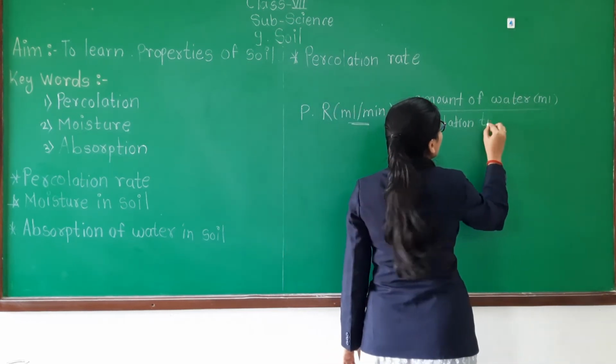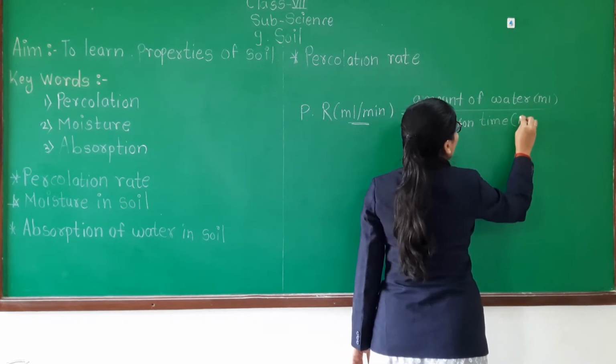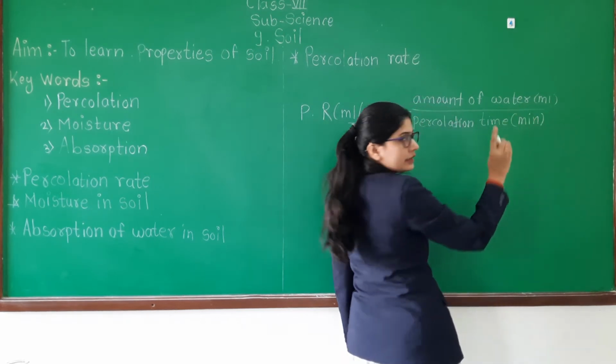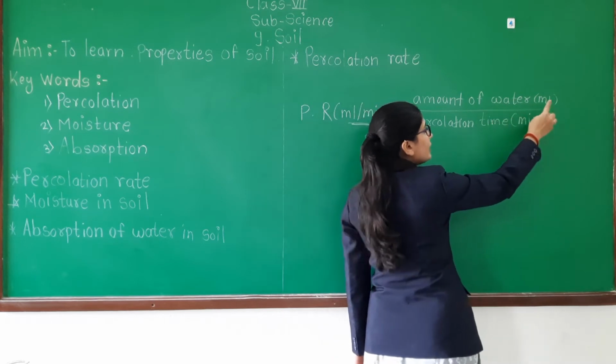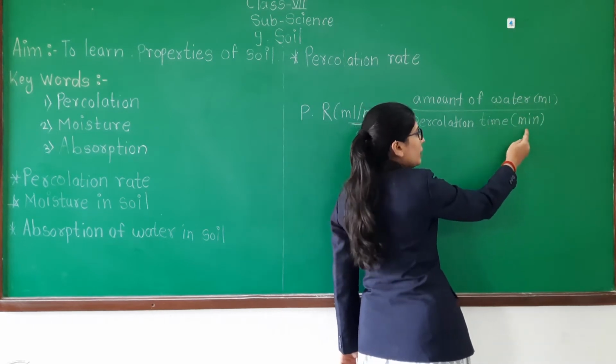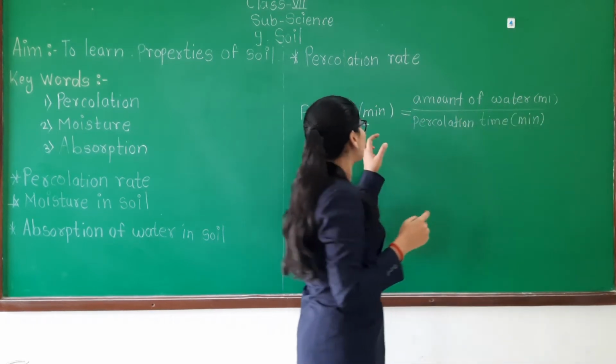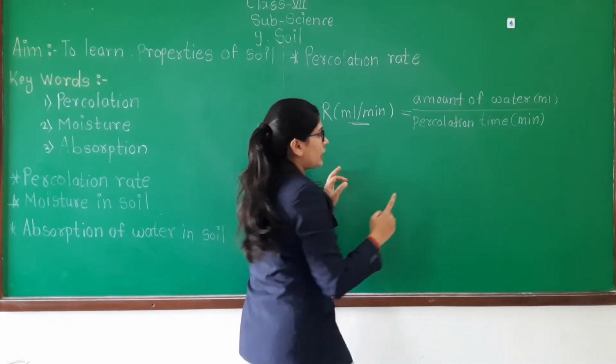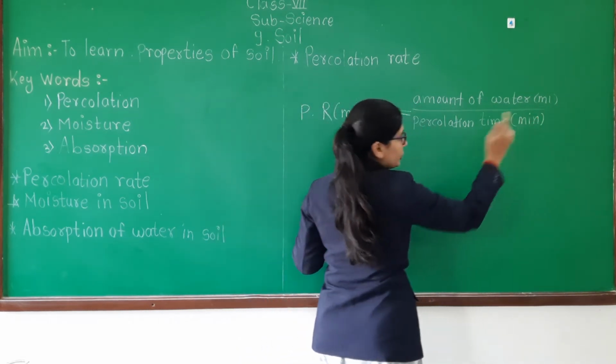Percolation time we write in minutes. Amount of water in ml and time in minutes, that's why the unit of percolation rate is ml per minute.